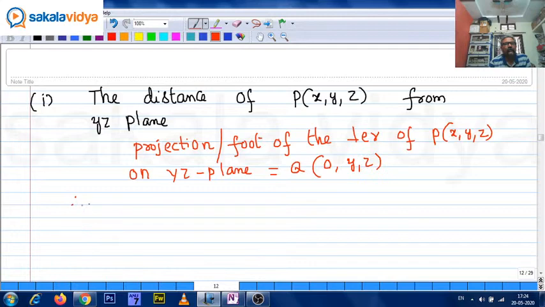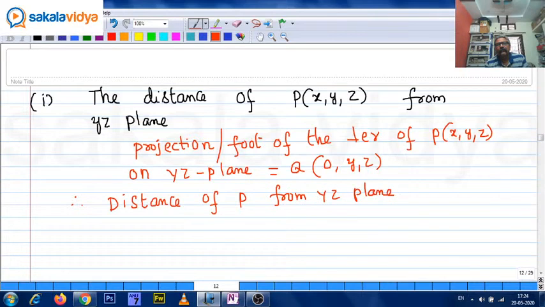Therefore now the distance of P from the yz plane is, directly I will write, mod x. Understood? Already we proved this. This is the second point.